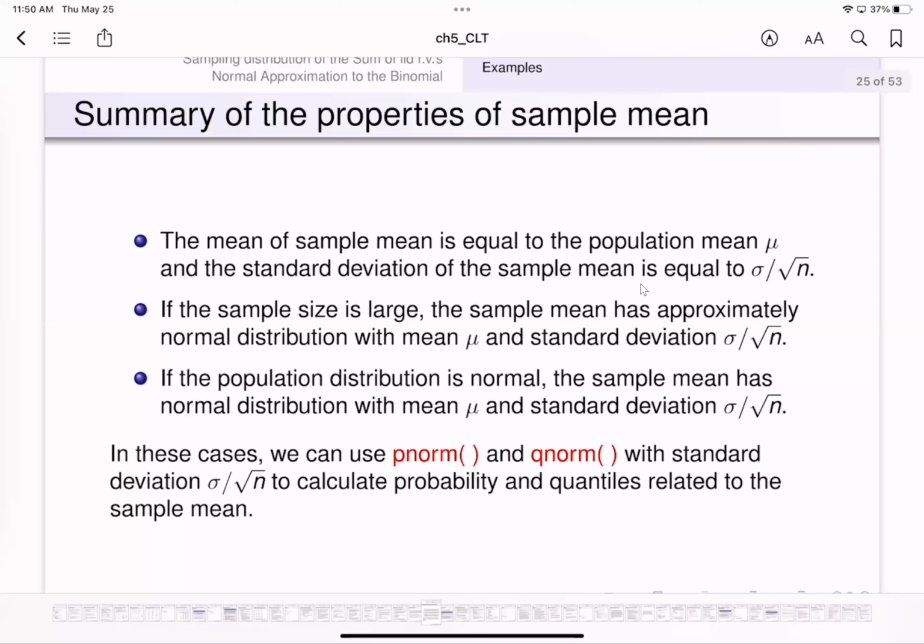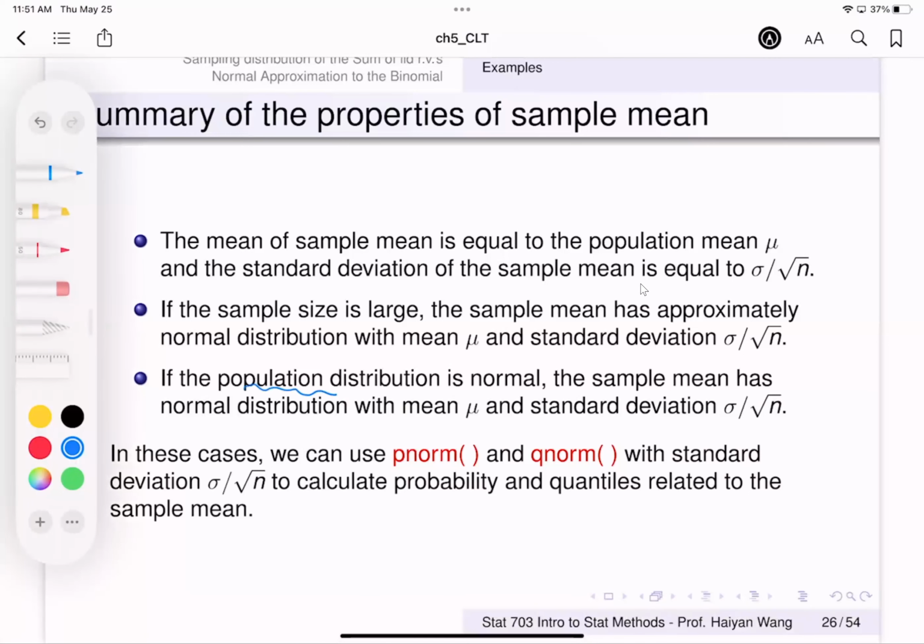On the other hand, if the sample size is not large, in that case the population distribution would be required to be normal, and the sample mean in this case would still be normal, with the mean still mu and standard deviation still sigma over square root of n. But this has the additional requirement that the population distribution has to be normal when n is small.